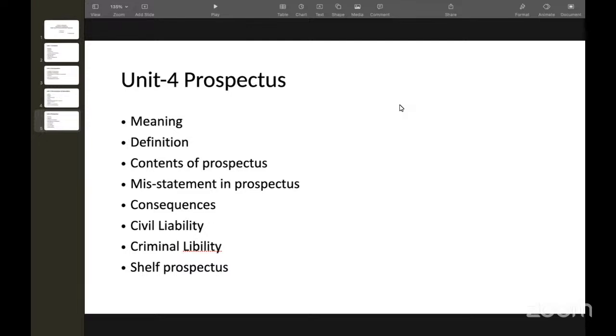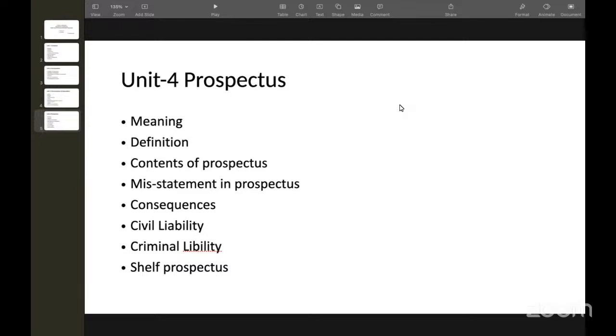Seventh is terms of the issue: price of securities, minimum subscription, and payment terms. Last is declaration: a statement by directors and promoters confirming the accuracy of the information provided.